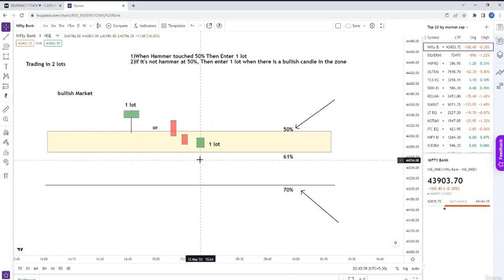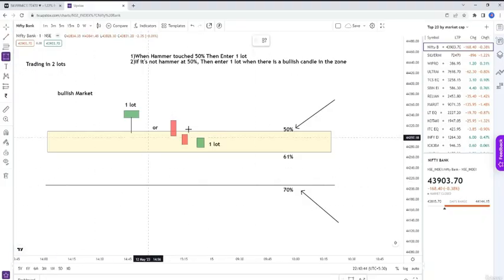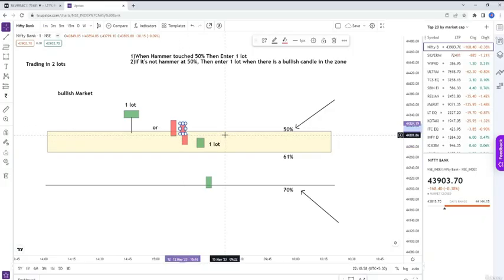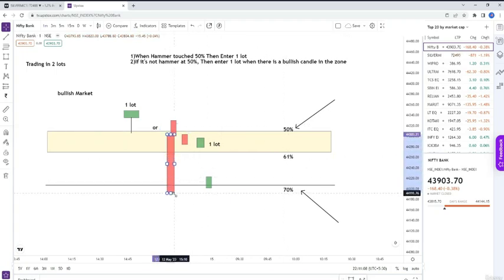In the second scenario, my other lot will enter immediately. I don't care whether it's a bullish candle or bearish candle, as soon as the candle touches it. Let me take it like this.